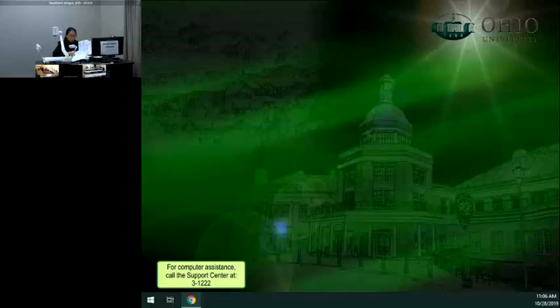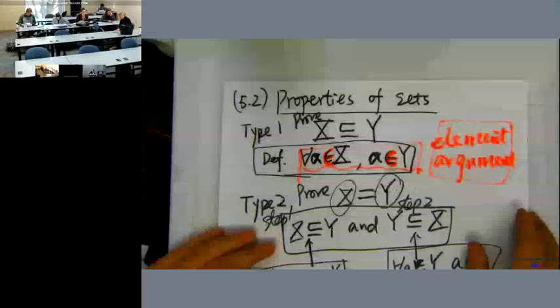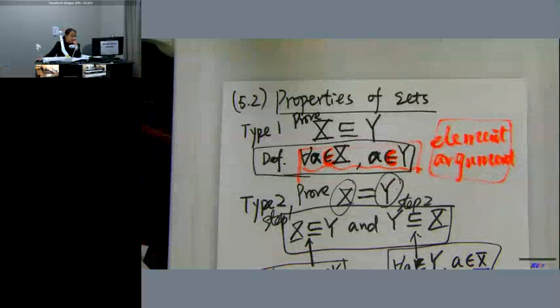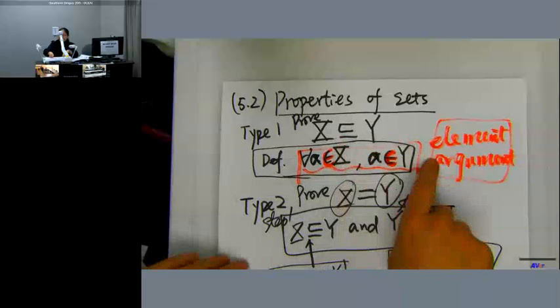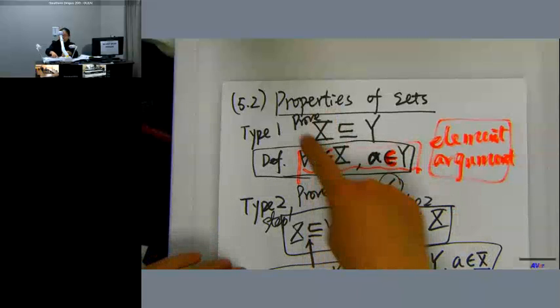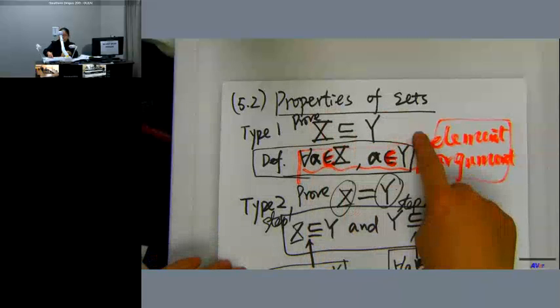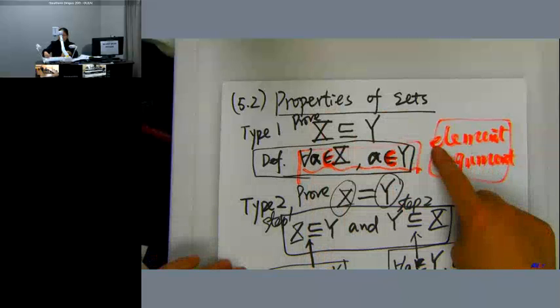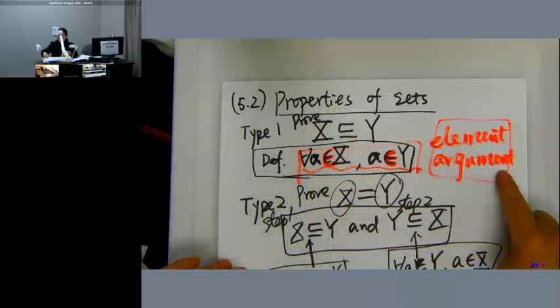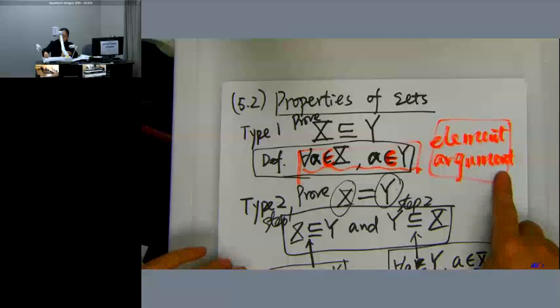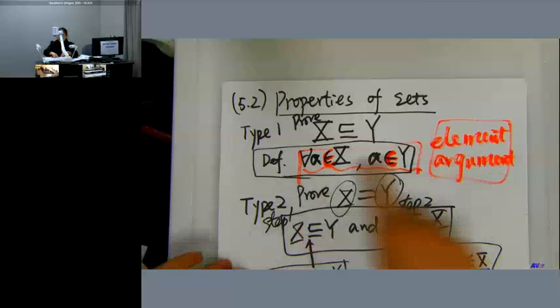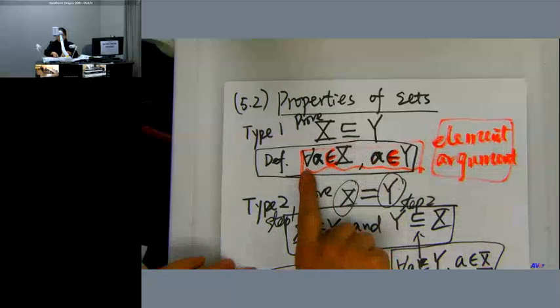Like I said, we got two types of proof questions. I asked you to do some homework questions of the first type. How do we prove one set is a subset of the other? We go by definition. If they say you have to use the element argument, then you cannot use any properties that have been proved in the textbook or in class. So you have to use the definition of subset.